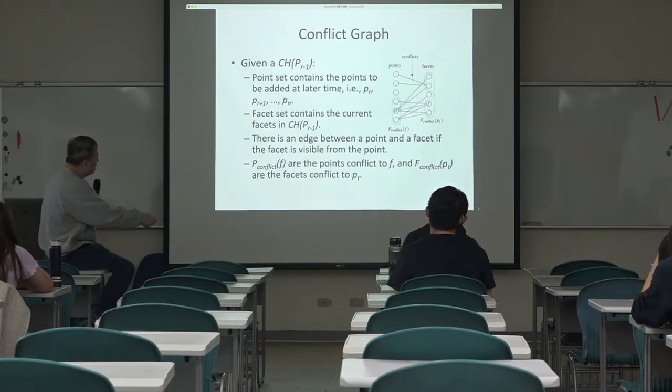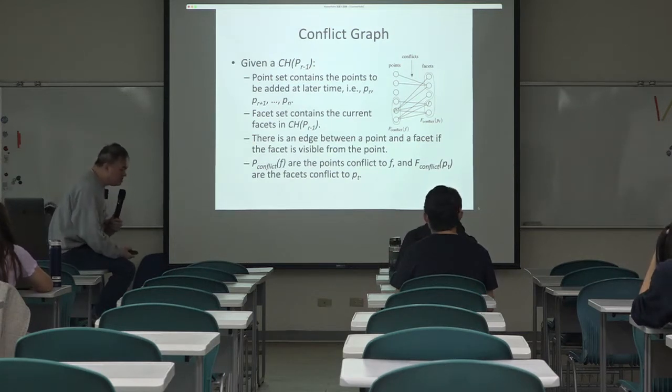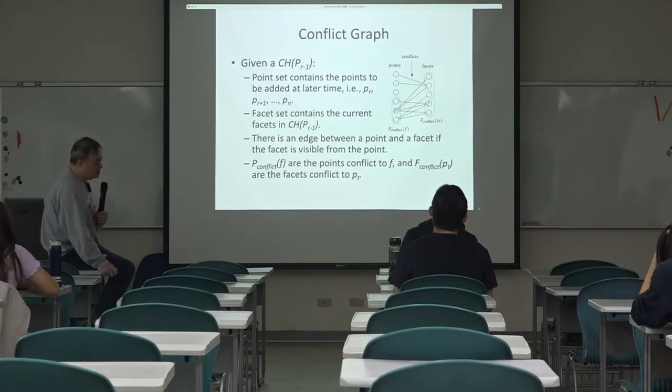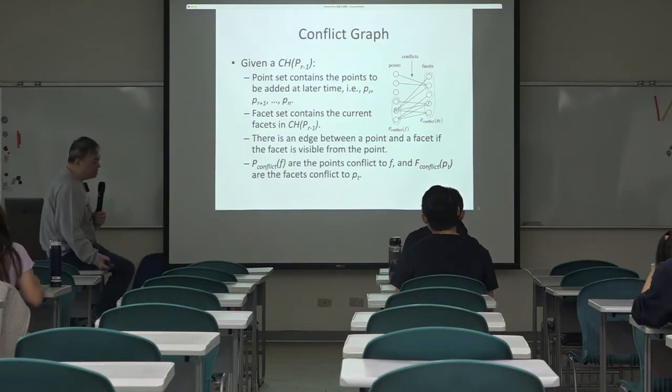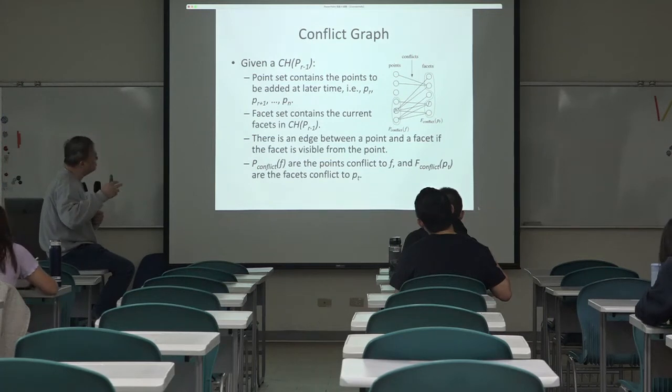On the right hand side, each of these nodes represents a facet. At the very beginning, if you try to insert one node, it's impossible to create any facet. With 3 nodes you create a facet, but it's not 3-dimensional either.